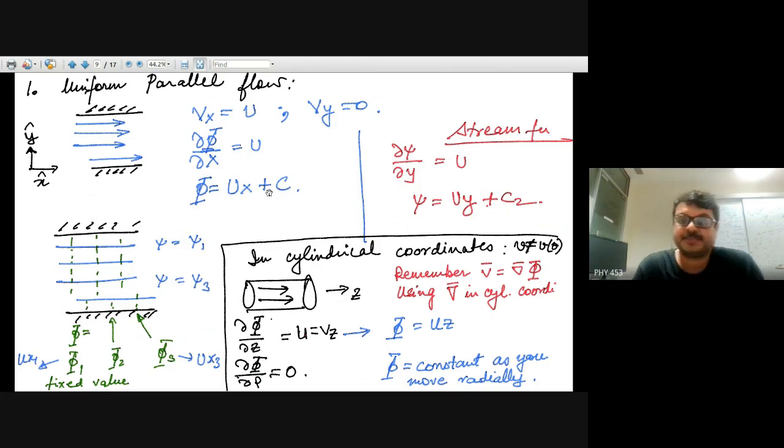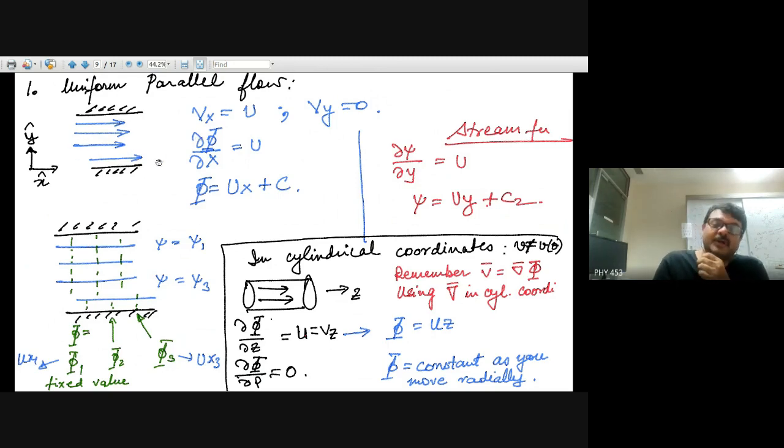Remember the difference, right? Suppose we are looking at cylindrical coordinates and we wanted to do the same calculation. Remember, v equals grad phi. We are coming back to talking about the velocity potential, and suppose the velocity fields are all in the x direction.